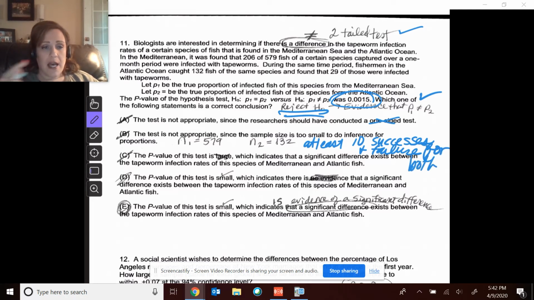All right. C, the p-value wasn't large. D, the p-value was small, and since it was small, I do have evidence of a significant difference. D says no evidence, so it's E.